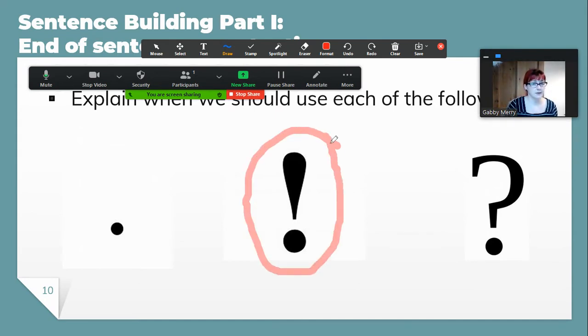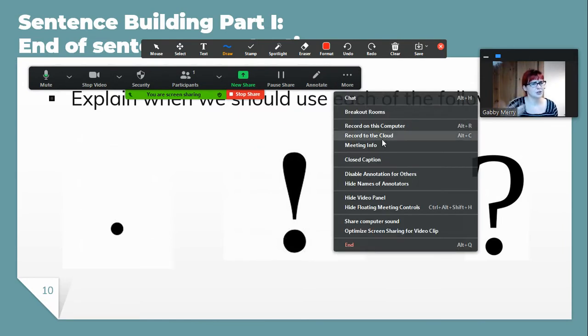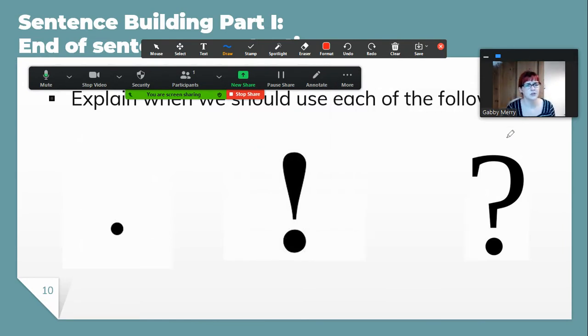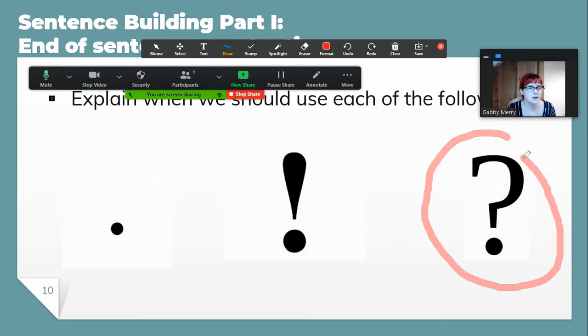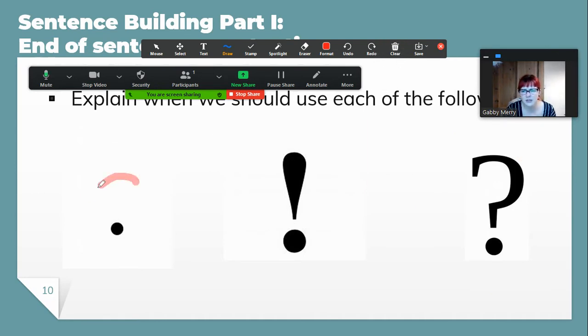If we are asking for information, trying to find out something that we want to know, we would use the question mark. And that would also be used for rhetorical questions as well. But if we're not in either of those situations, we use the full stop.